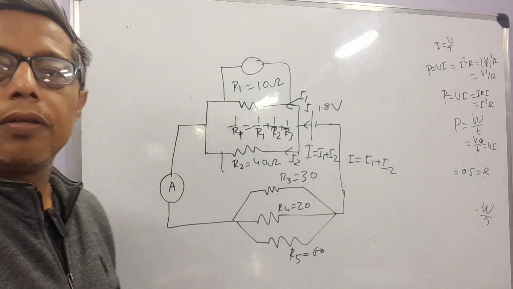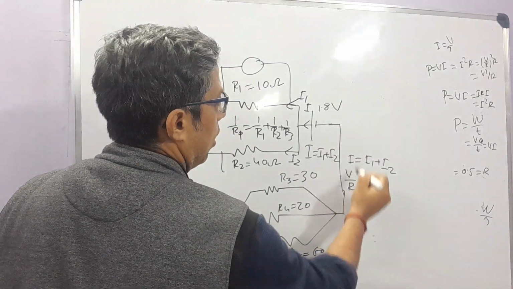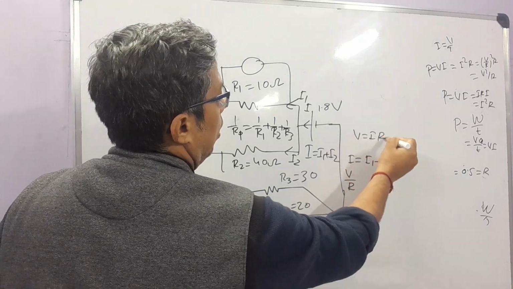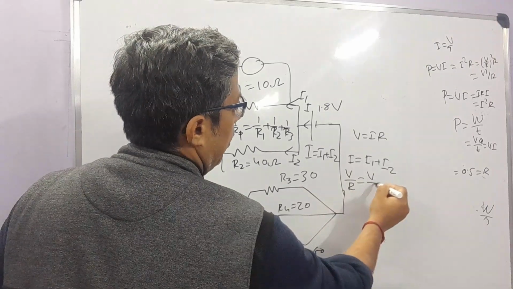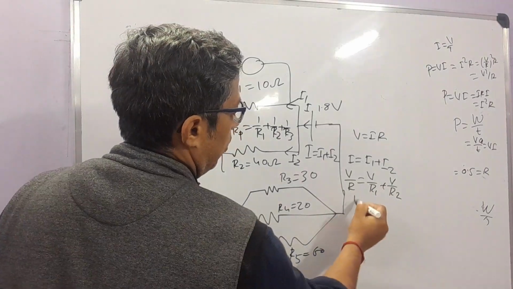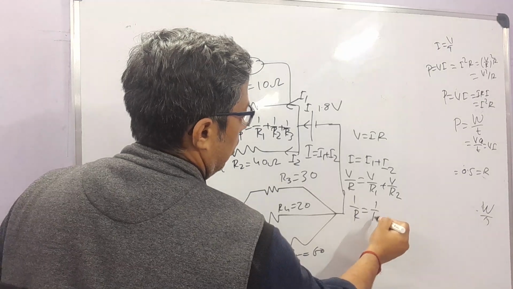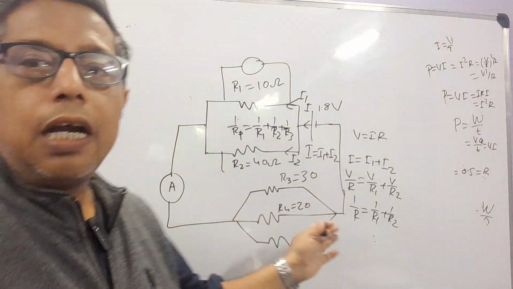I think it's visible. Now the main current I is equal to V by R, right? V is equal to IR, and I1 is equal to V by R1, plus V by R2. तो फॉर्मूला मिल गया: 1 by R is equal to 1 by R1 plus 1 by R2. तो डेरिवेशन भी रेडी हो गया है.